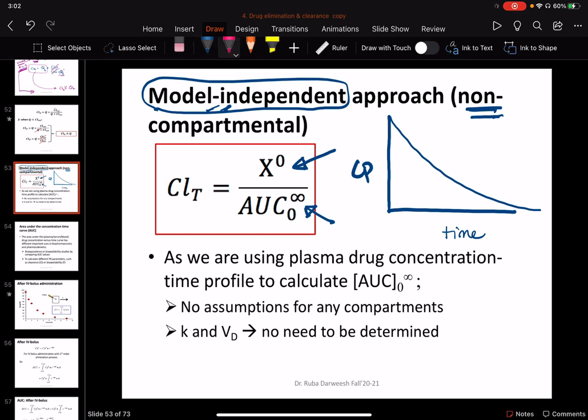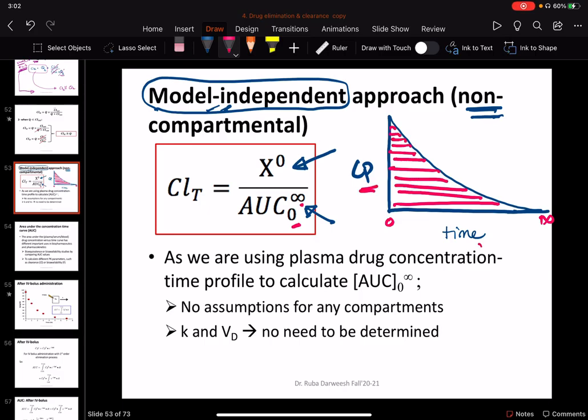We will keep it for IV bolus for now, from 0 to infinity, which is the total area under this curve of CB versus time.